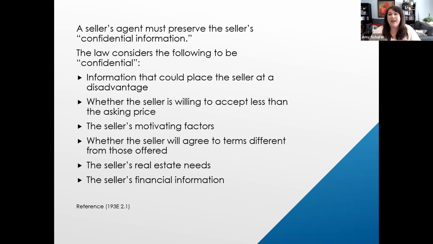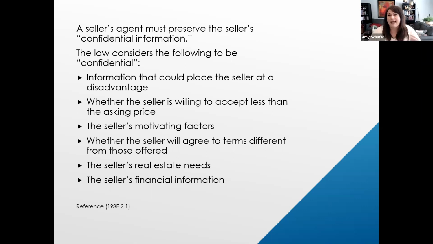Conventional, cash, FHA, VA. But some of your sellers choose to just work with cash and conventional, which means if we're telling people, yeah, they'll work with an FHA, we're maybe doing a disservice because that's really the seller's decision. The seller's real estate needs, and then the big one is financial information, such as maybe what their payoff would be and what they owe on the property.